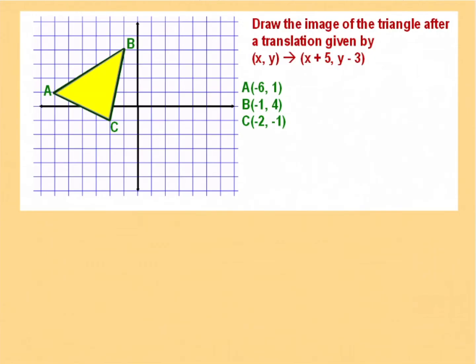Here I've got a pre-image of triangle ABC, and we're going to find out what happens to each of those vertices if we translate by the rule (x, y) moves to (x plus 5, y minus 3). So there's a couple of ways we could look at this. We could take each x value and add 5. And then we could take each y value and subtract 3.